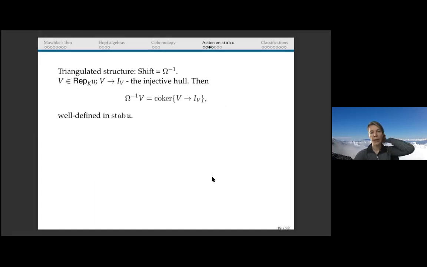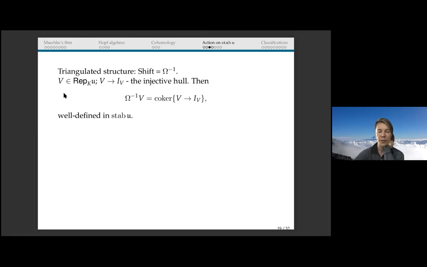Okay, and one thing I want to mention from the triangulated structure is the shift. So in a triangulated category, we have triangles, and they just correspond to extensions in the abelian setting, and we have shifts. This is something like in the derived category, just moving your complex one step left or right, depending on the agreement. In this setting, in the stable category, shift is given by the syzygy. Let me define it.